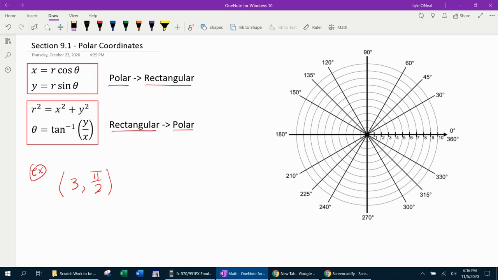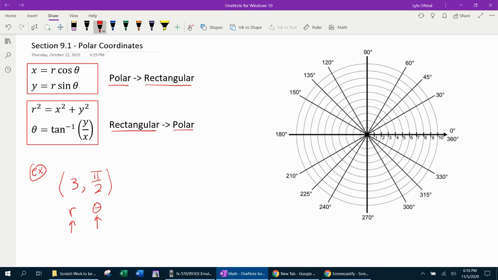So they're going to tell us, hey, this is a polar point, and so we're going to know that this is r and theta, and the instructions here would say plot the polar point. And so to do that, the first thing you do is locate the direction, and then you're going to go in that direction or away from that direction.